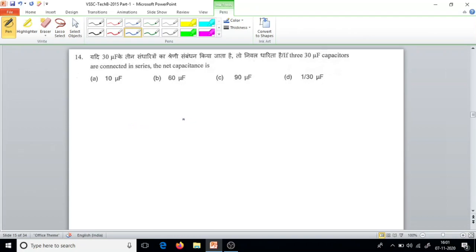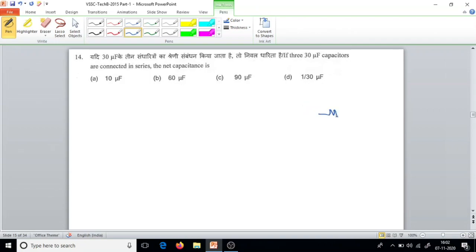14. If three 30 microfarad capacitors are connected in series, the net capacitance. So what happens if three resistors are connected in parallel?